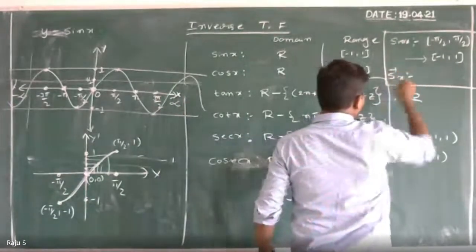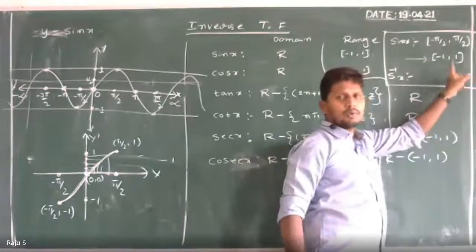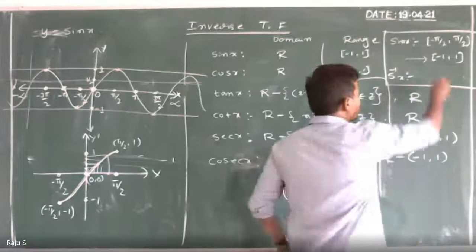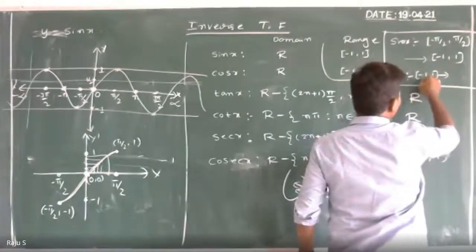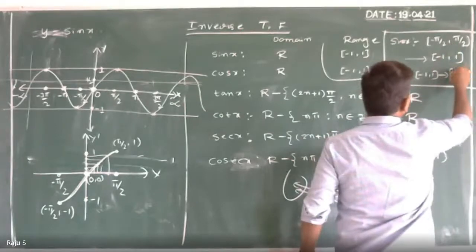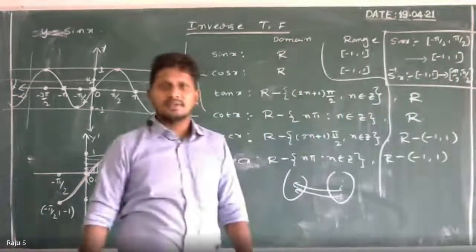Sine inverse x. Just now I said, for the inverse of a function, the domain becomes the codomain and the codomain becomes the domain. So this minus 1 to 1 becomes the domain, and this minus 90 to plus 90 becomes the codomain. Is it clear?